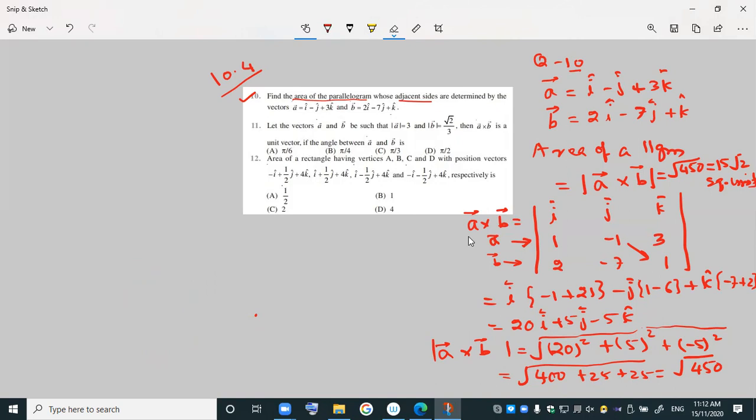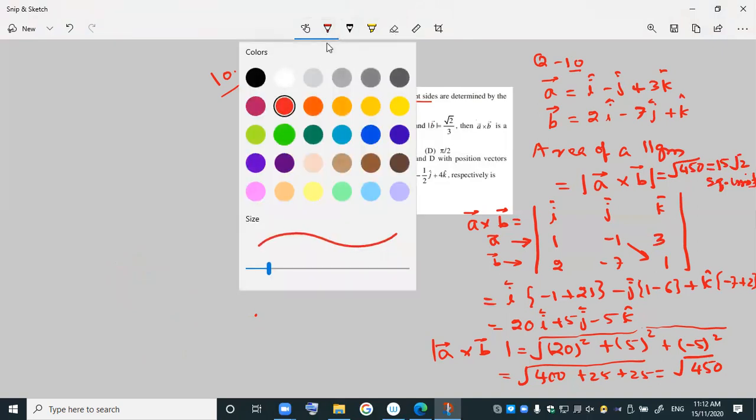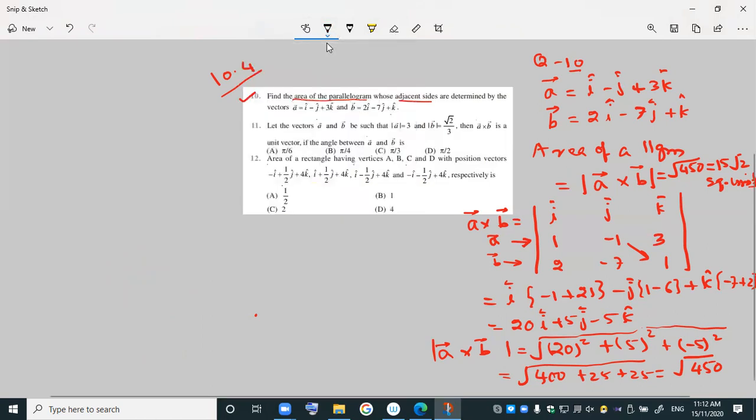Next question. Let A, B be such that magnitude of A is equal to 3 and magnitude of B is equal to root 2 by 3, and A cross B is a unit vector.